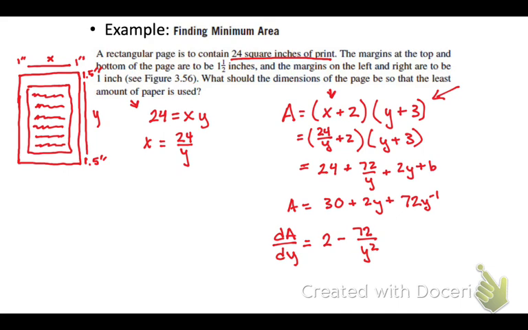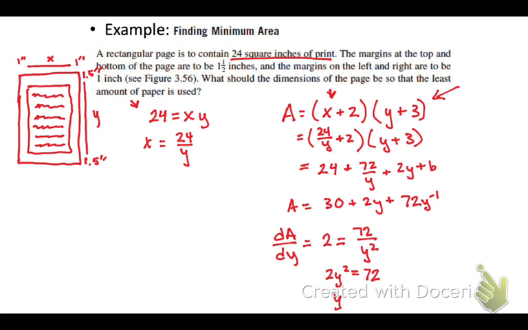So I now have to set this equal to 0. I'm going to add 72 over y squared, so I'm going to change my negative to an equal sign. And then I get 2y squared equals 72.